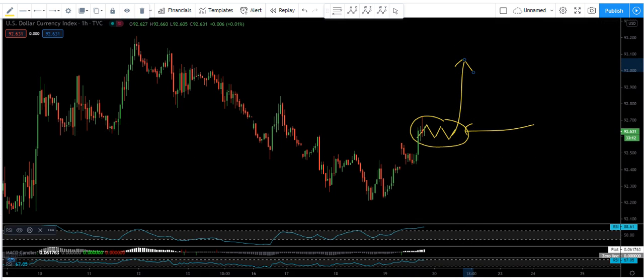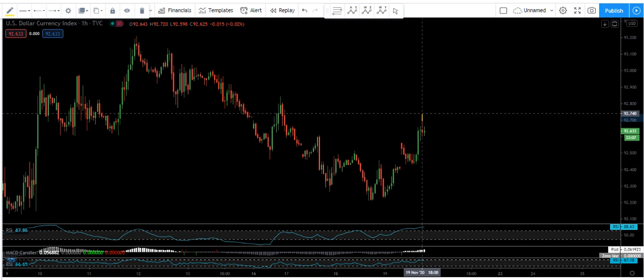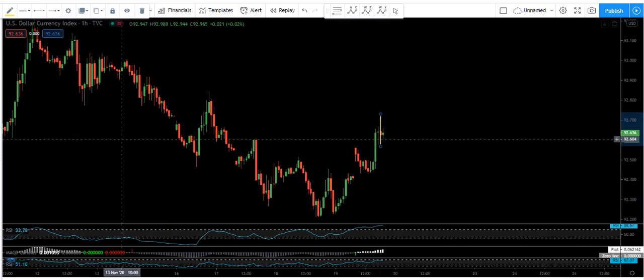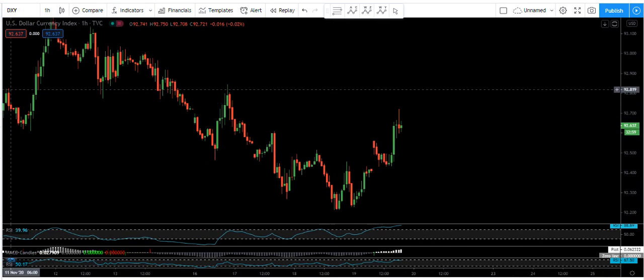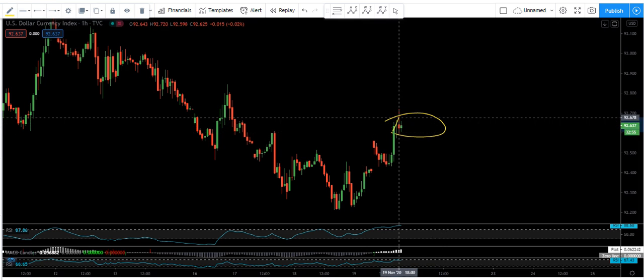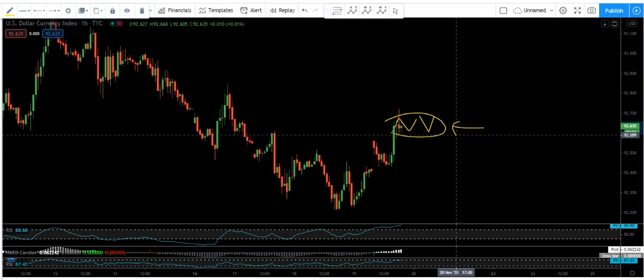But right now the correction is very small, and because of this sharp candle, we cannot confirm whether we can look for buy or not. That's why we need to wait a few more hours. We get the correction here, we get the trade setup before we take the trade.